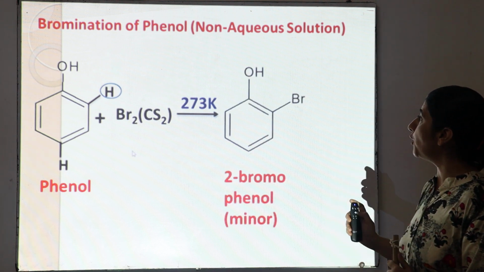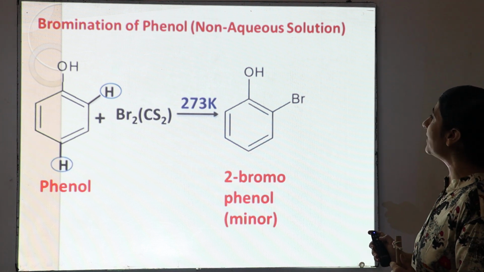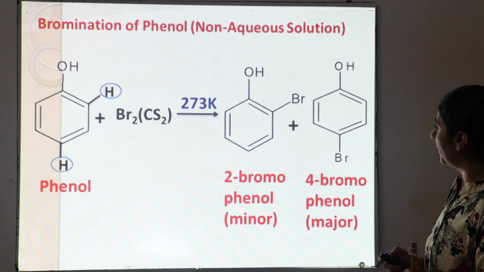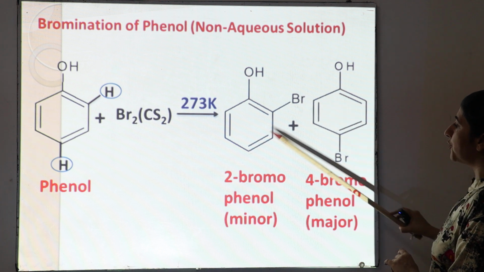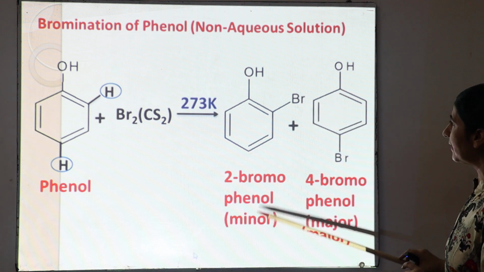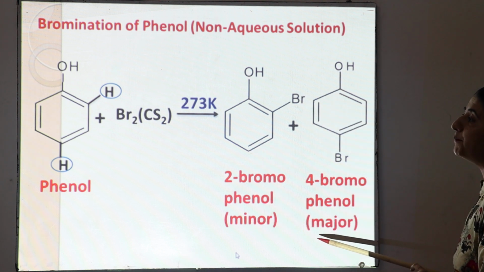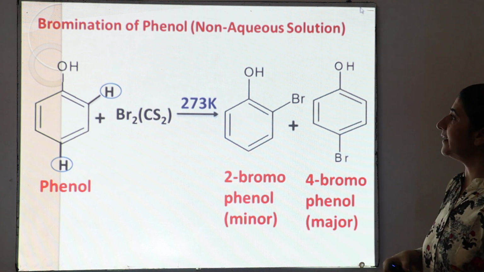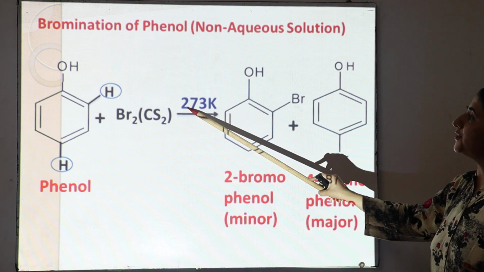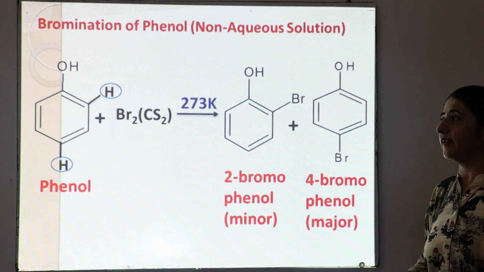Number one is ortho-bromophenol and second one is para-bromophenol. Out of these products, 2-bromophenol is a minor product, whereas 4-bromophenol is a major product. This reaction takes place at a temperature of 273 Kelvin.